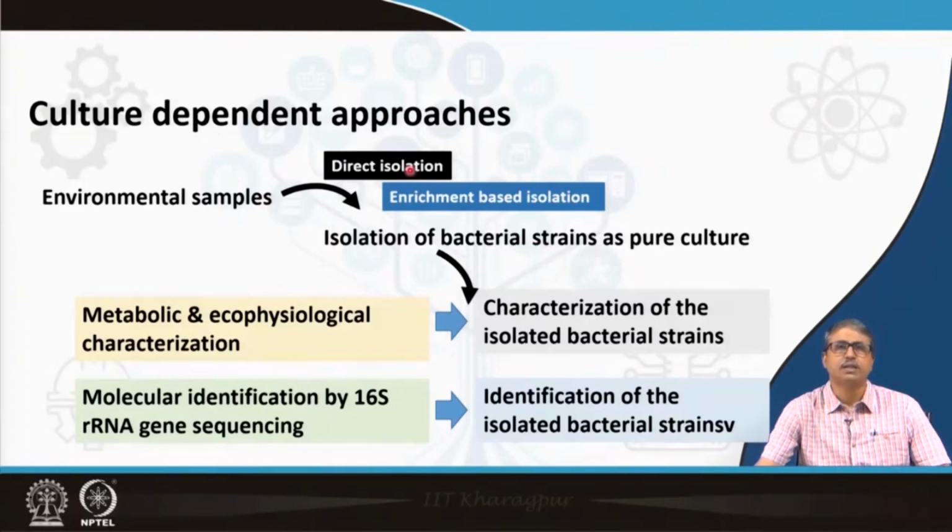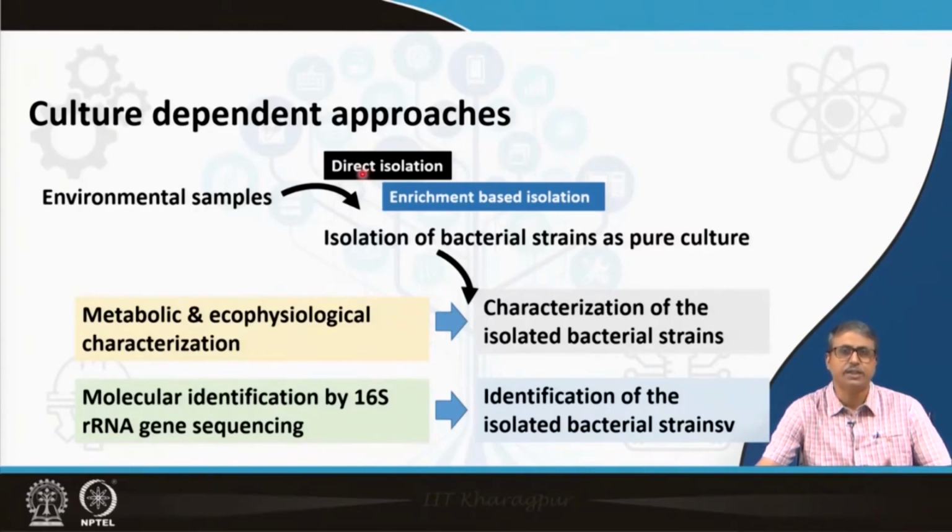So, as I have already discussed, direct isolation basically refers to any kind of procedure where the environmental samples, whether it is a solid, semi-solid or liquid sample, is diluted in appropriate medium and then added on different microbiological media, solid media in particular, so that the individual colonies are obtained directly.